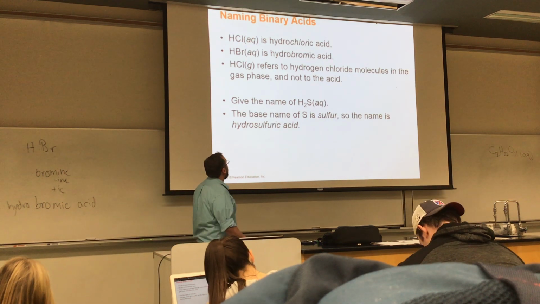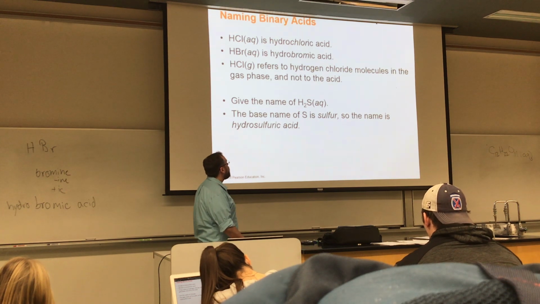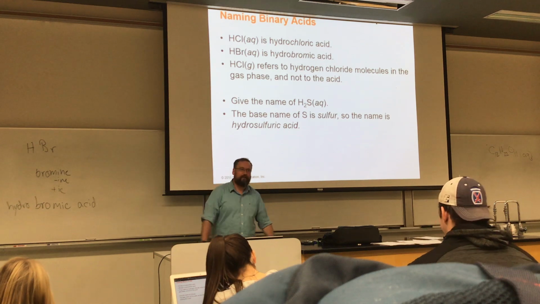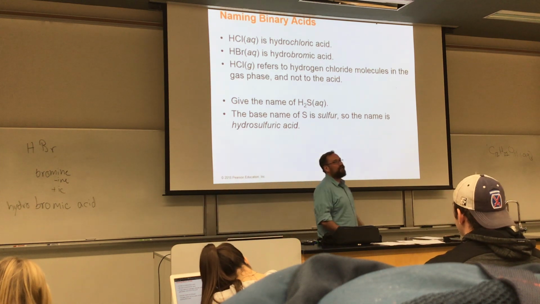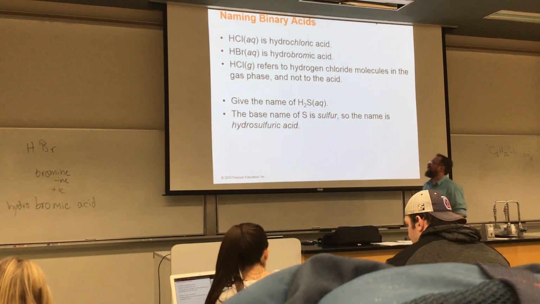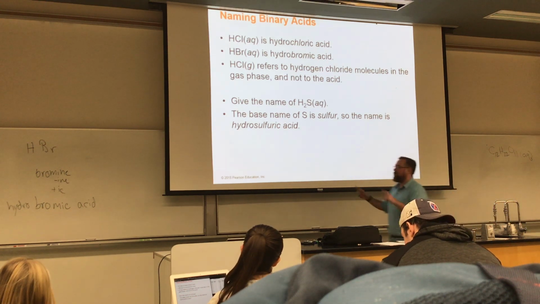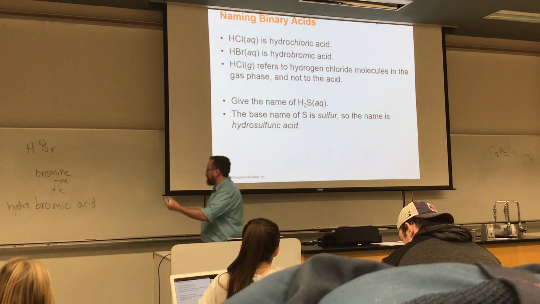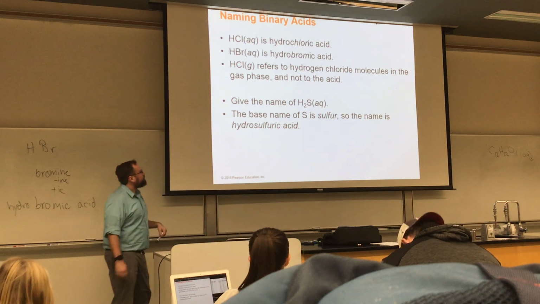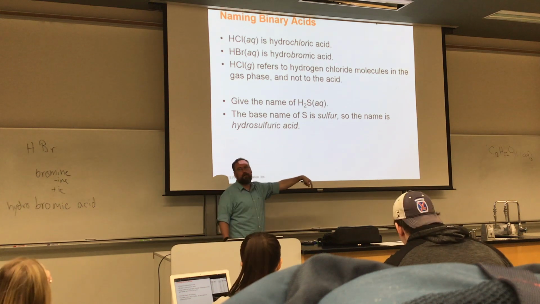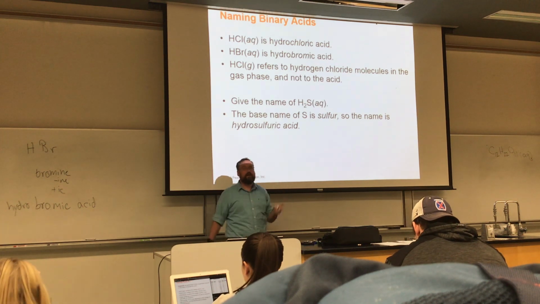So, what would be the name of H2S? It says it right there. What's our non-hydrogen atom? Sulfur. It's a binary, so sulfur becomes ic. So this is hydrosulfuric acid because it's the binary version.